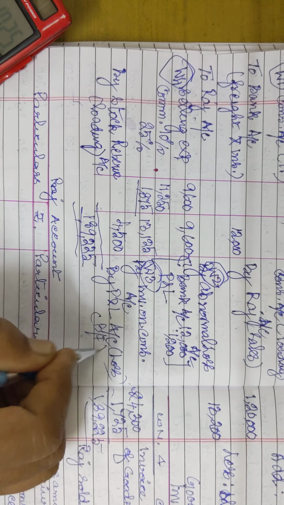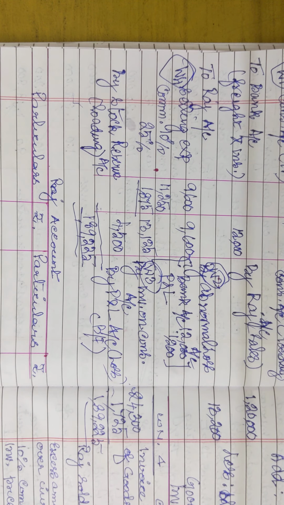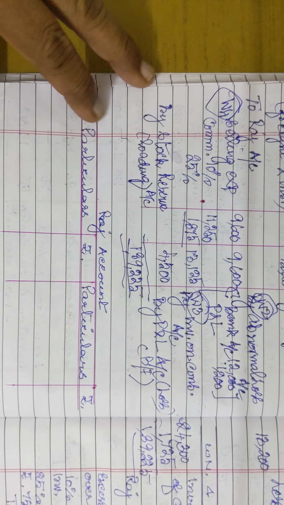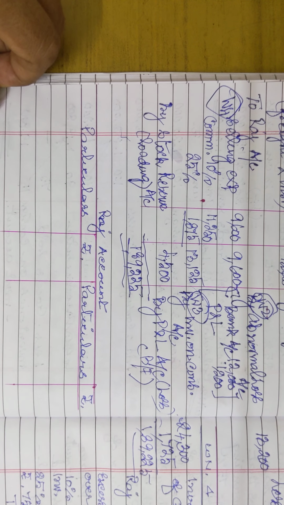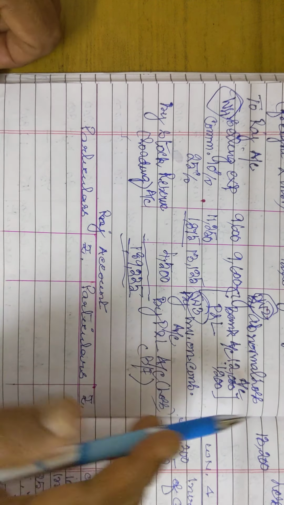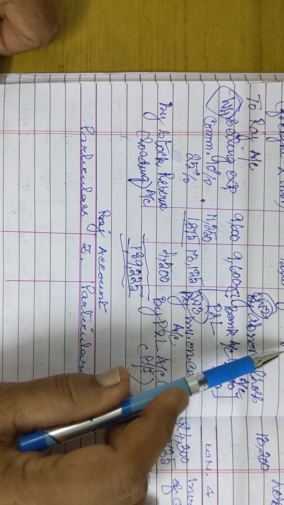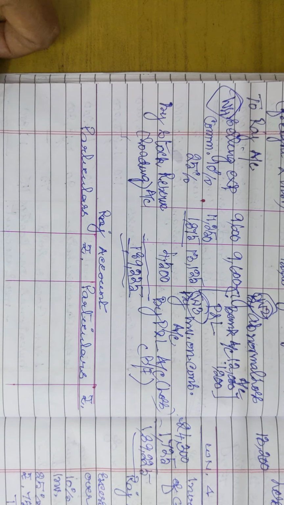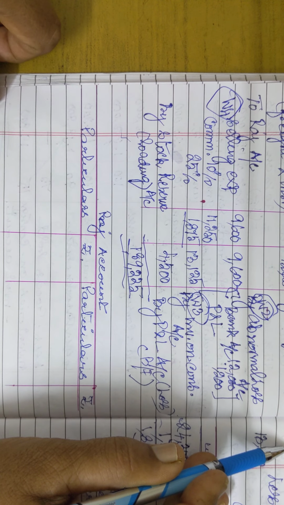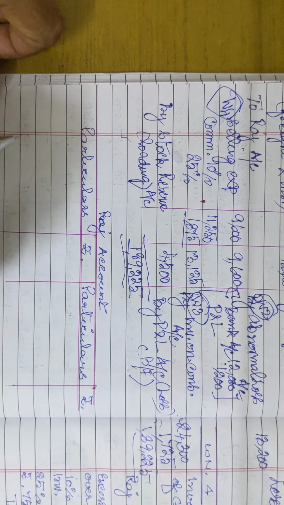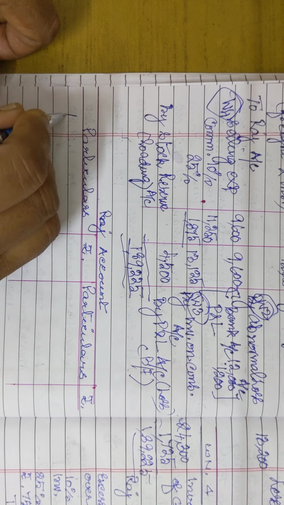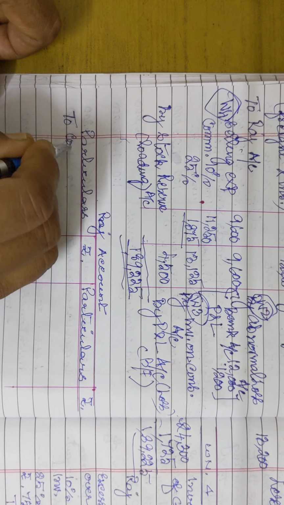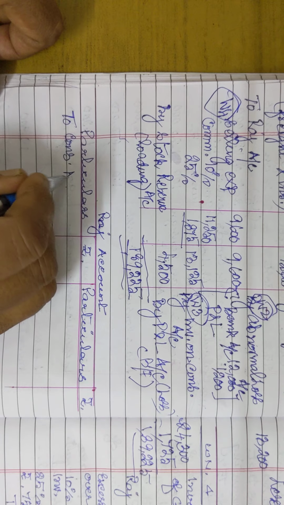Now they have asked us to prepare Raj account in the books of Anand. It is very, very easy. It is just one second work. Whatever you find with the Raj name in the consignment account, you just bring it to the opposite side. Here, by Raj account, it is 1,20,000. So we are going to write here as to consignment account.